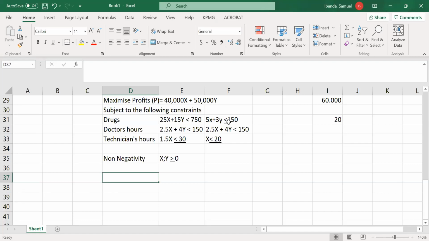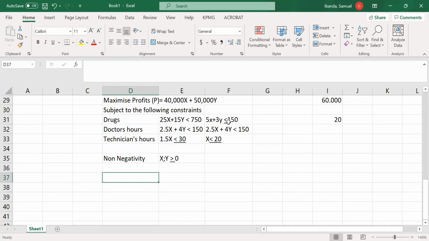So slack variables cover up for any constraint that may not be used at the time of optimality. So they best cater for the excess capacity that might be on a constraint, okay? So that is one of the things that we do. So we introduce slack variables on each constraint at hand, okay?